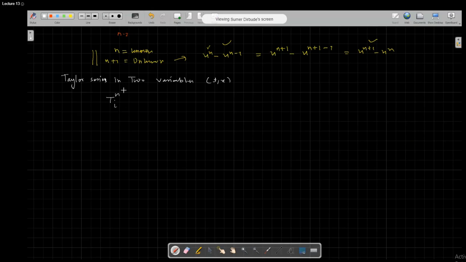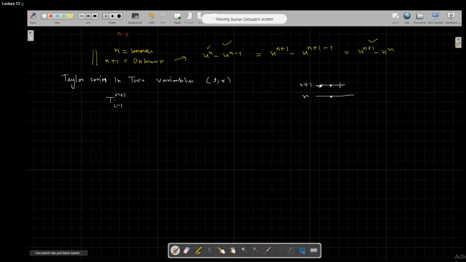So Taylor series around T_i^n is nothing but equal to T_i^n, isn't it? There is no Taylor series expansion behind this, so this is not our interest. So either I want around T_i^n, this is n+1, or in the same T_i, I might be interested in n+1, or I might be interested in i-1, n+1, this is also possible.